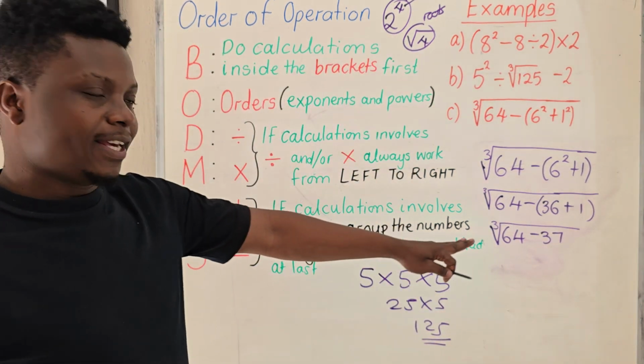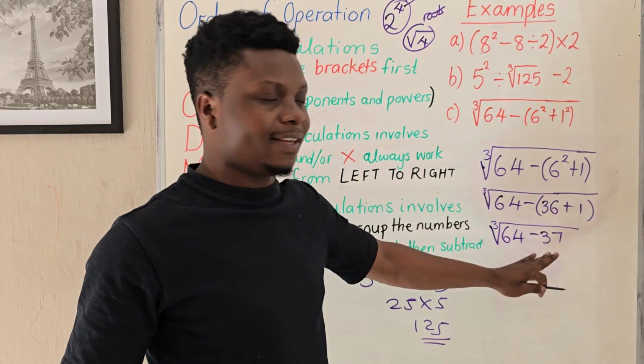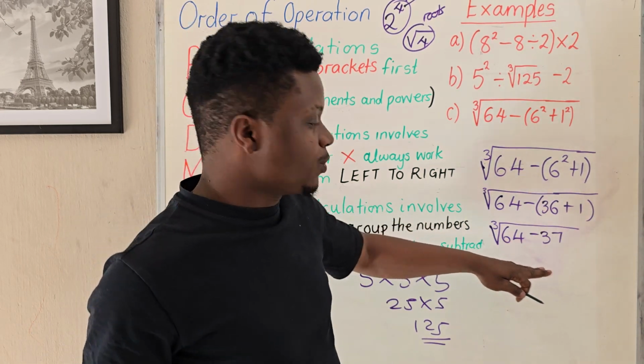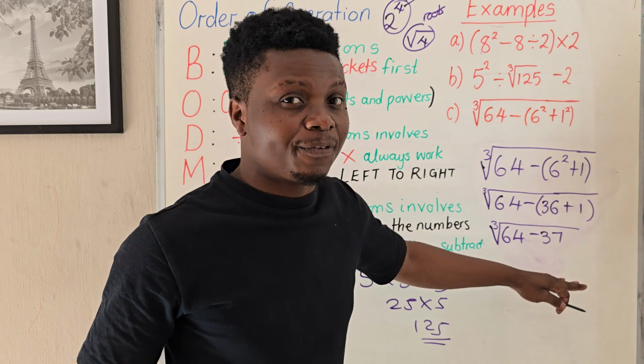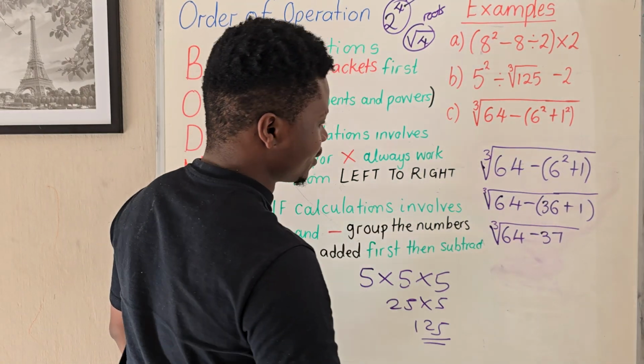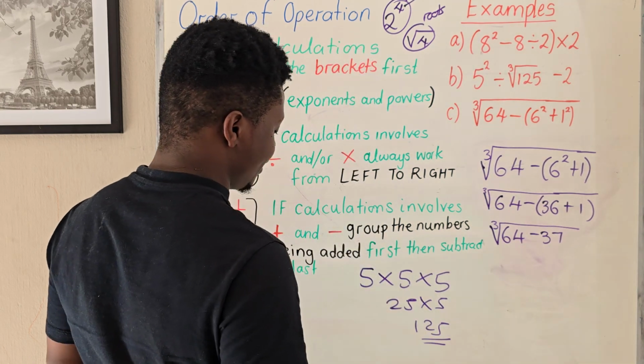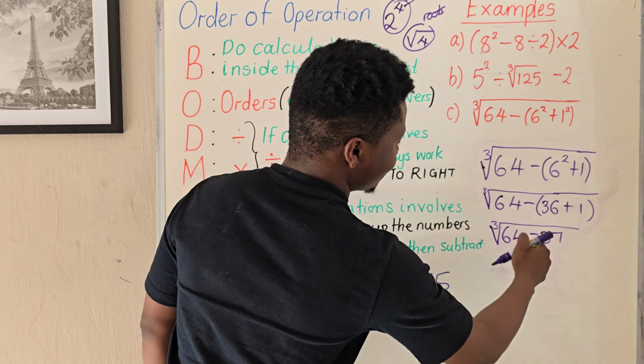And right now, there are no more brackets, but I still have expressions inside this root. So you have to simplify what's inside this root first. Okay, so what's 64 minus 37? We get, 64, yes, minus 37 is 27.